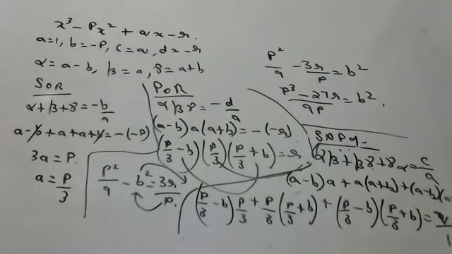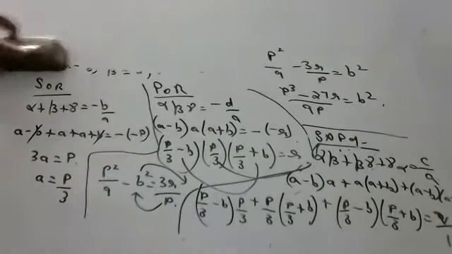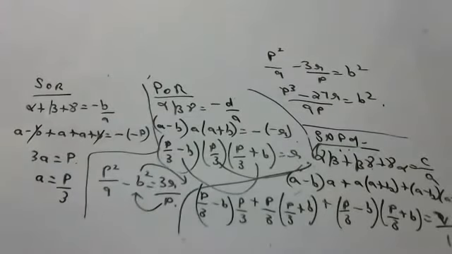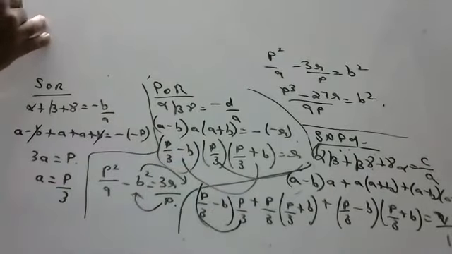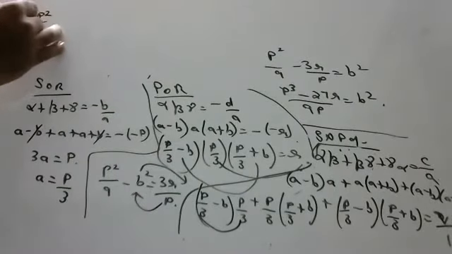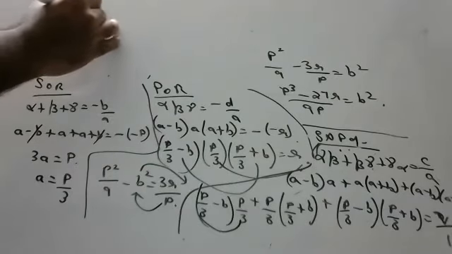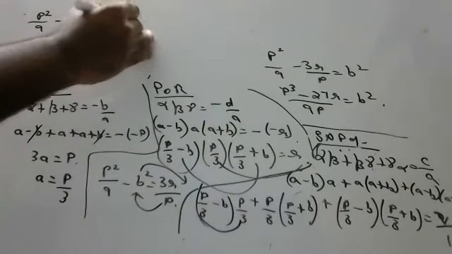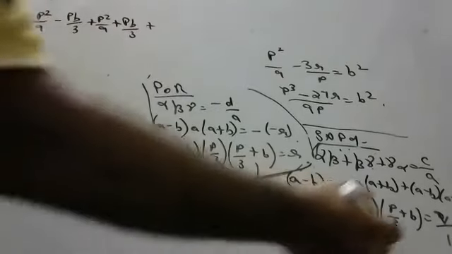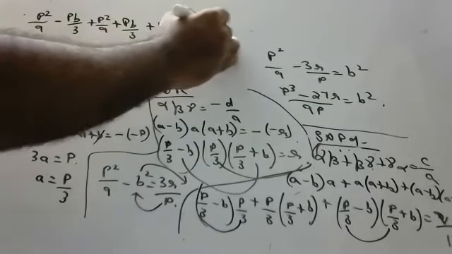I'm rubbing the top, children. All of you, rub it on the top. I'm rubbing these conditions. We have to relate p, q, and r. Now you see, children, this is p square by 9, p square by 9 minus pb by 3, again p square by 9 plus pb by 3, plus this is p square by 9 minus b square is equal to q.